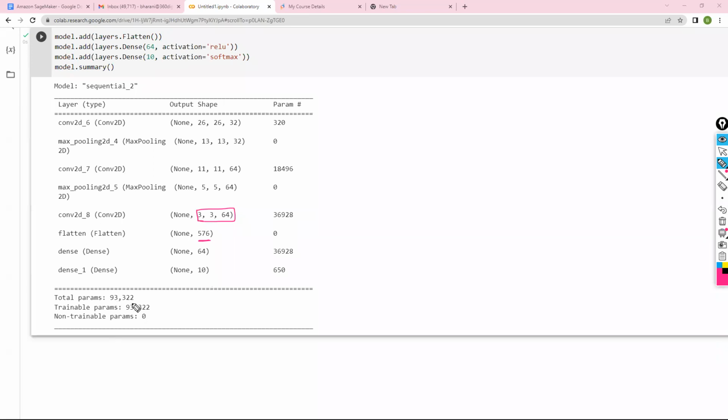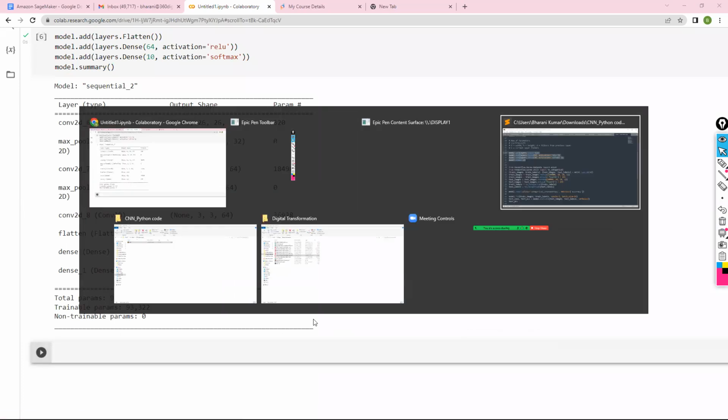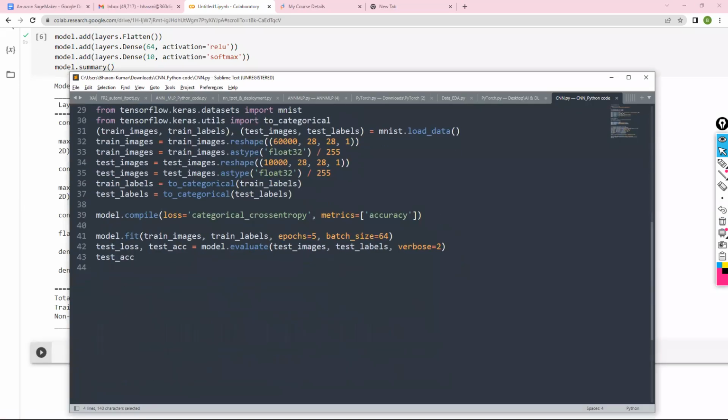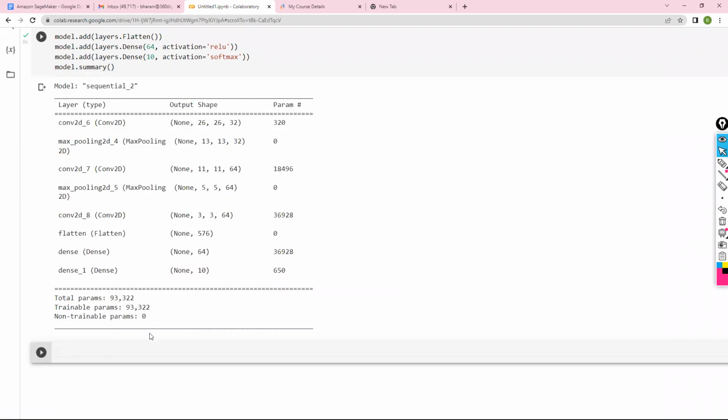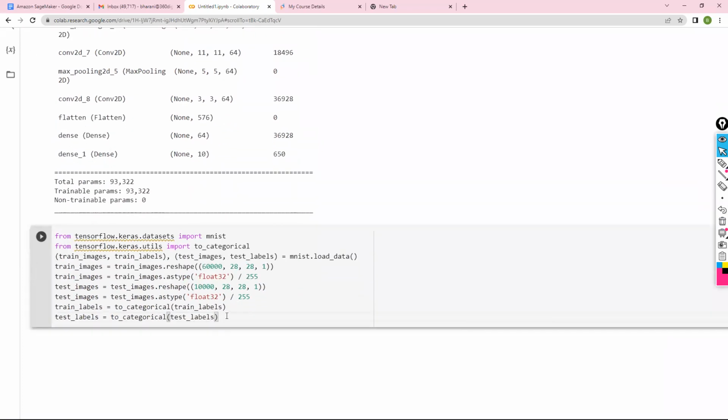The total number of parameters happens to be 93,322. Now that you have created your network, let us import the data set. And then we'll do some pre-processing.